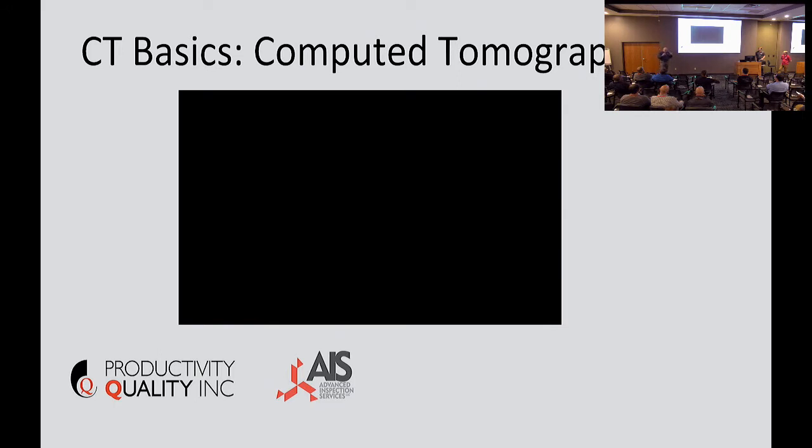And the other advancement is as the sources and the detectors have advanced, all of a sudden the resolution gets a lot greater. You know, we sold some simple 2D real-time X-ray systems back when I started in the early 90s, and it was sold to casting companies looking for voids, looking for porosity.